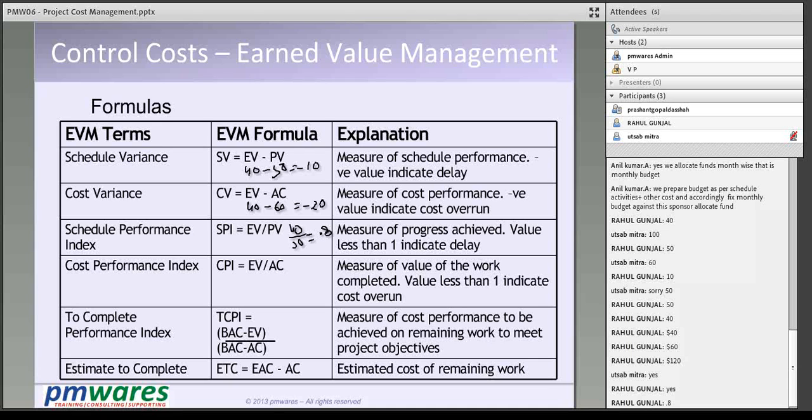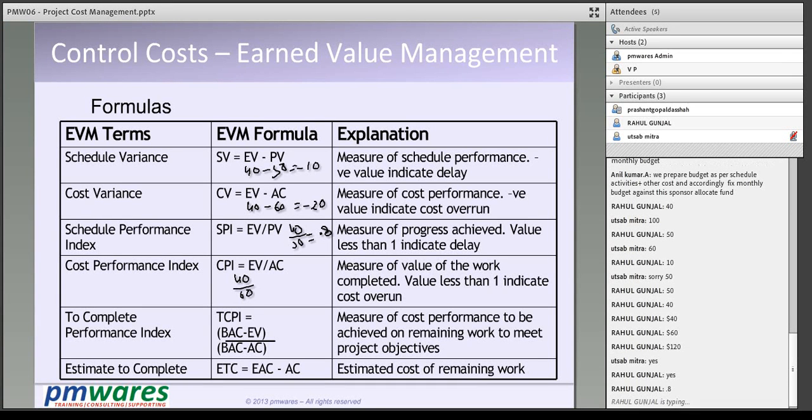What about this? CPI is 40 upon 60. It is 0.67. What does that mean? It is about return on investment. I invested $1 and I get a return of 67 cents.